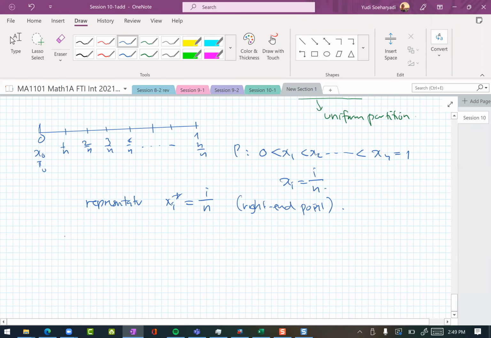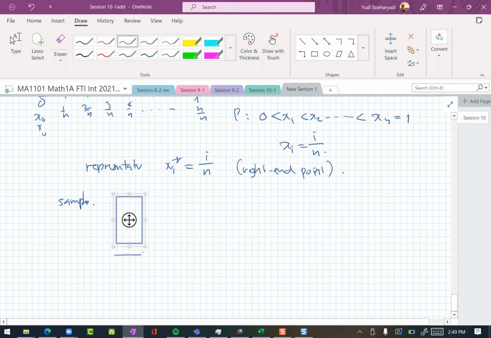This partition. Our sample is going to be, the width is 1 over n. The height is f of i over n.